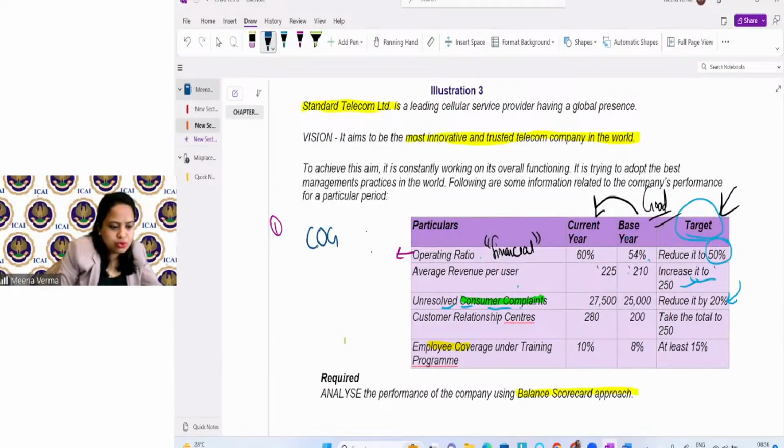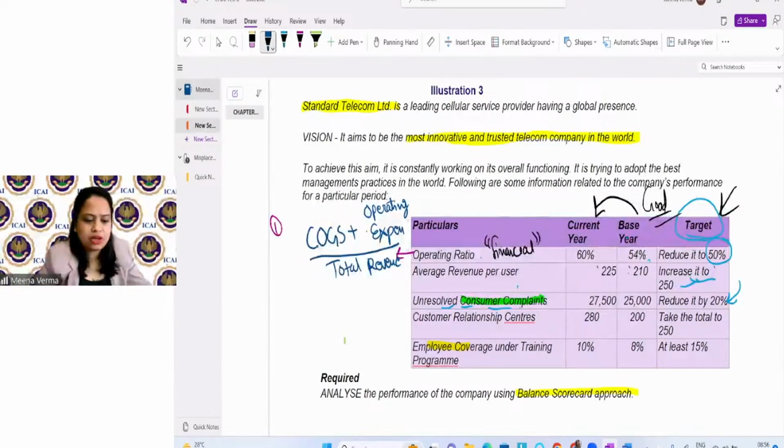Cost of goods sold, right? Plus operating expenses, right? Divided by total sale, right? This is the formula for operating ratio.